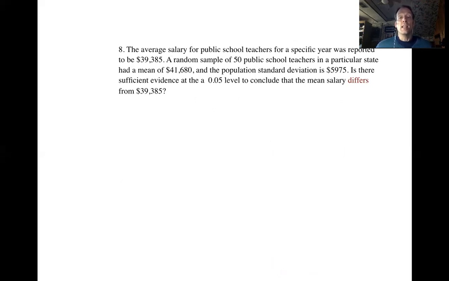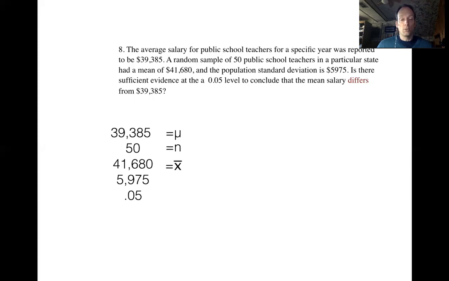And they go ahead and do a sample of 50 school teachers from that area. And they want to find out if the sample average is significantly different from $39,385. So let's write down that our population average is $39,385. We're going to pencil in all the other information that they gave us and put on the labels accordingly.